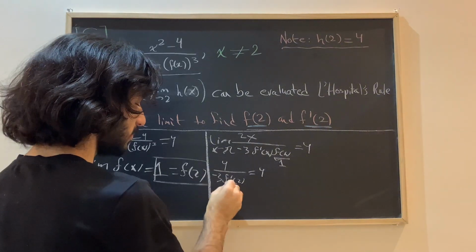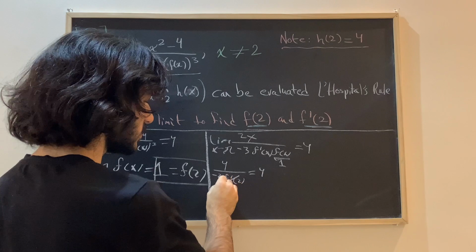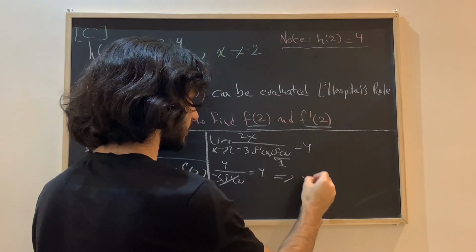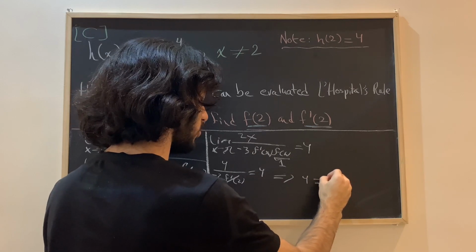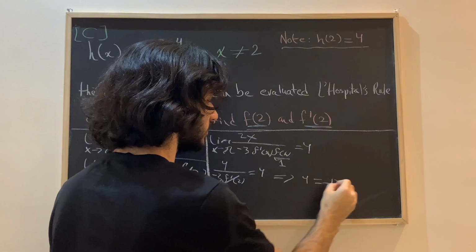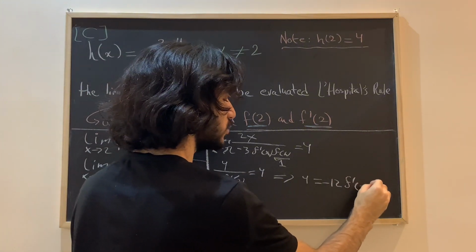Firstly, you can multiply this on both sides, and this will cancel out, and you're going to get 4 equals 4 times 3, it's going to be negative 12, 4 times negative 3 times f prime of 2.